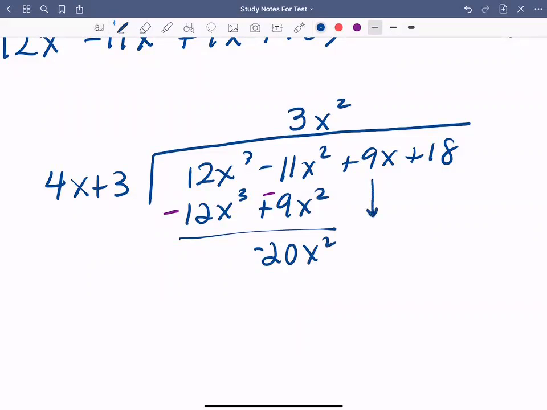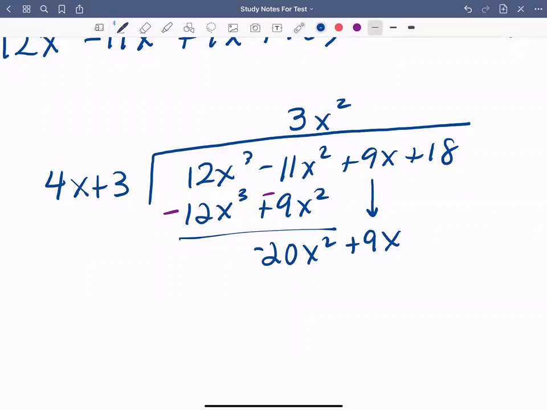Like before in past long division, we bring down the next term, which is positive 9x. We need the same number of terms we have here anytime we keep going. Once we cannot bring any more terms down, we stop.